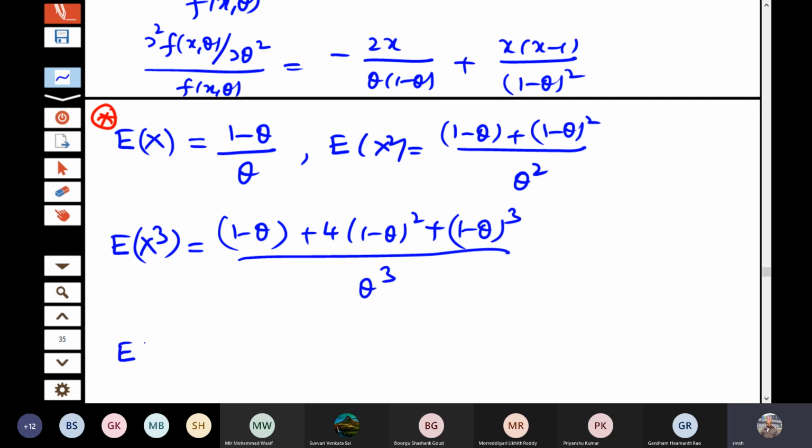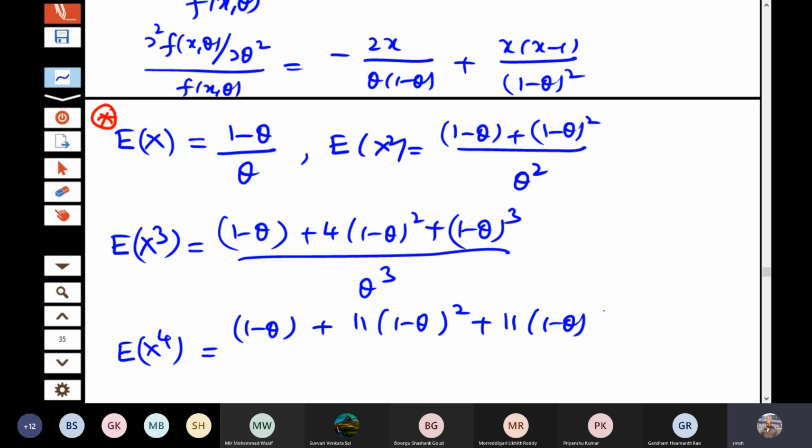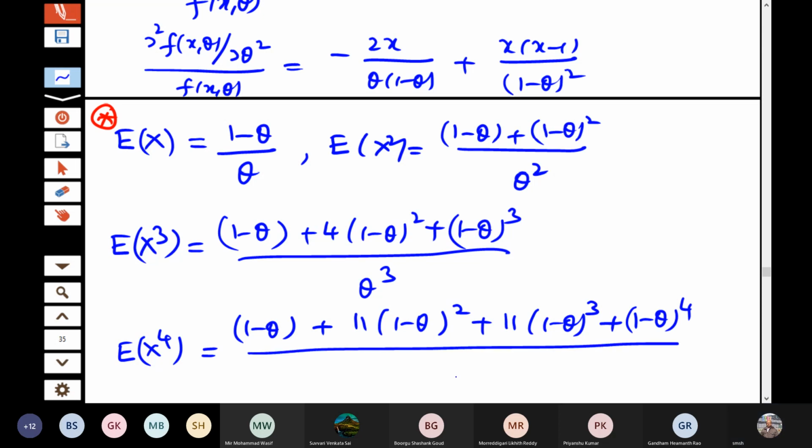And expectation of x to the power 4, that is 1 minus theta plus 11 (1 minus theta) square plus 11 (1 minus theta) cube plus (1 minus theta) to the power 4. Please verify these things. I think you already have these in your probability course. So you just check whether it is written correctly.